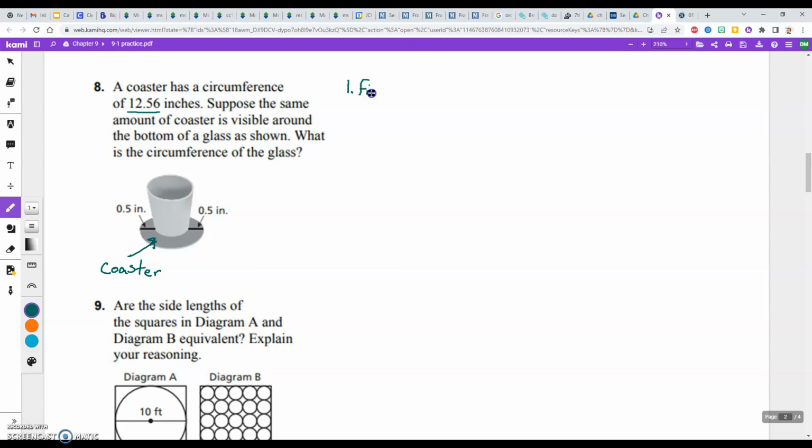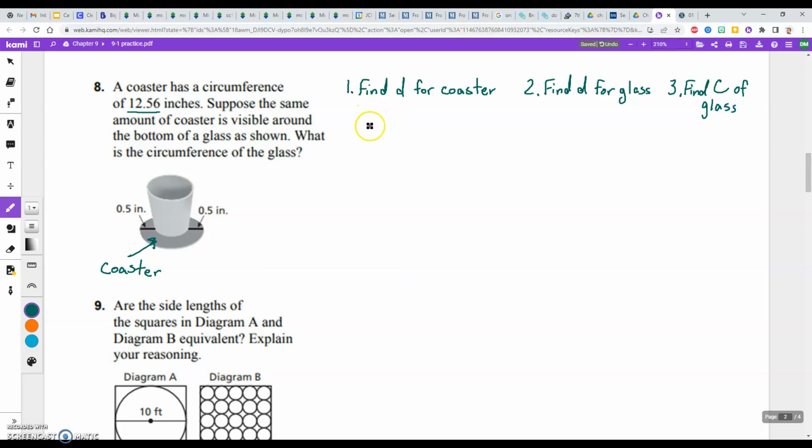We're going to find the diameter for the coaster. Then we're going to find the diameter for the glass. And then we're going to find the circumference of the glass.